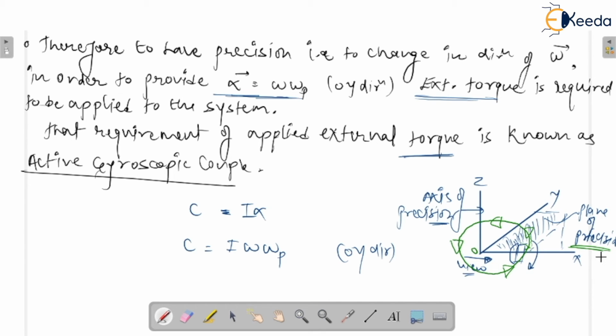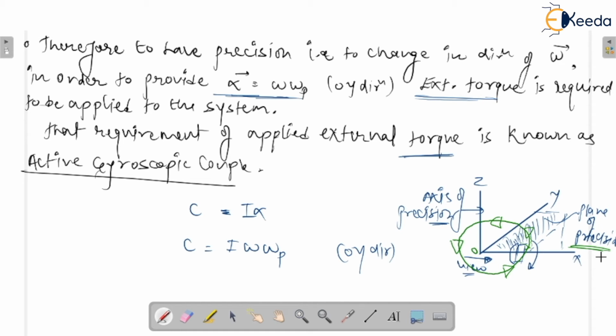Similarly, torque will be applied by the system on the external agency. You are going to apply the external torque to the system in order to provide alpha, and that couple is known as the active gyroscopic couple.